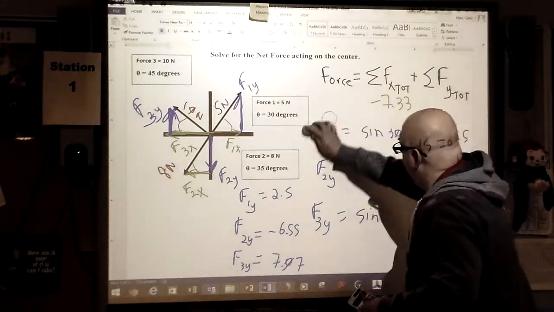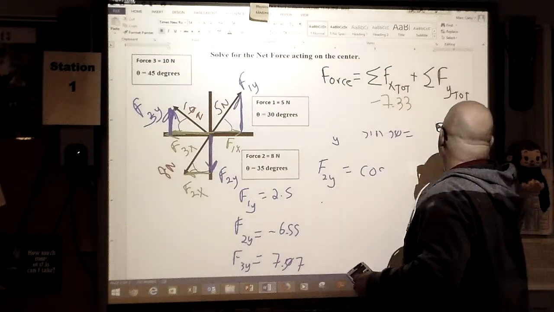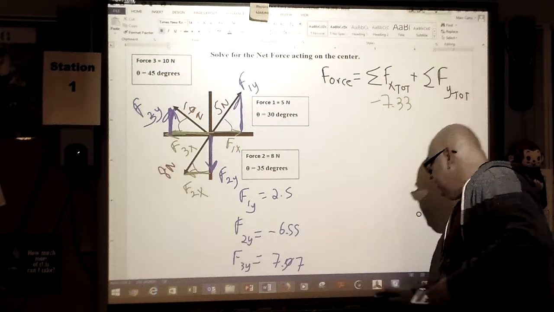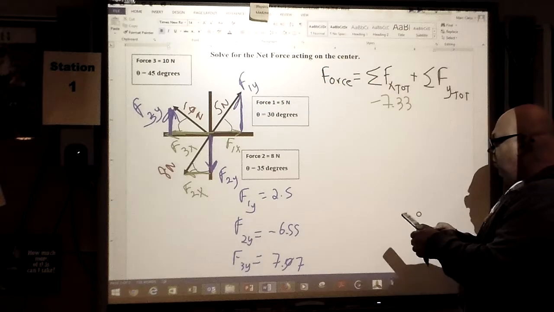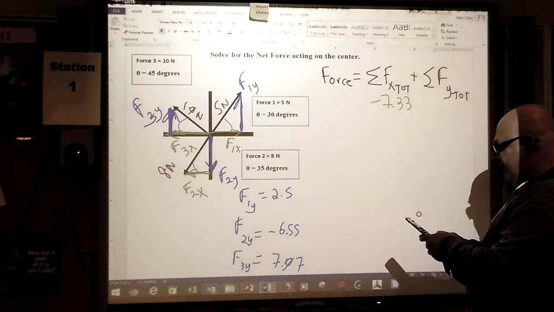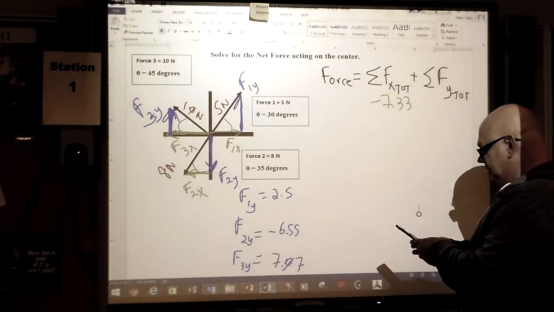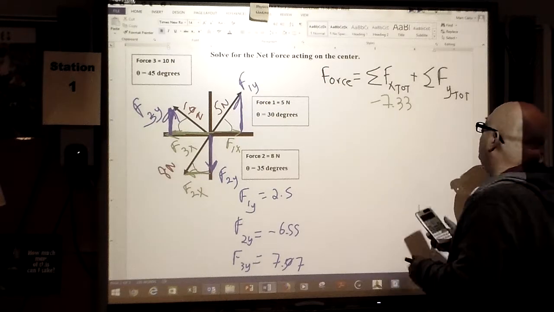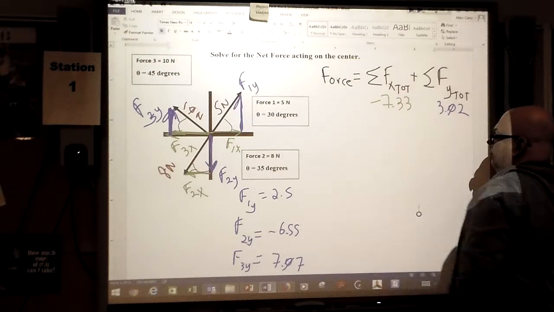All right, so let's erase this, because we still need to do a little bit of work here. We need to add up all our y's together. And yes, that does include the one that's negative. So I have 2.5 plus 7.07 minus 6.55, and I walk away with an Fy total of 3.02.